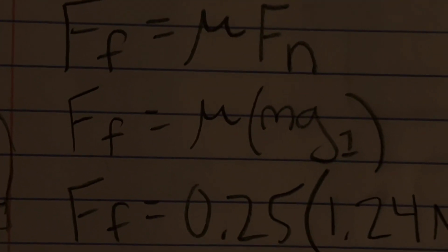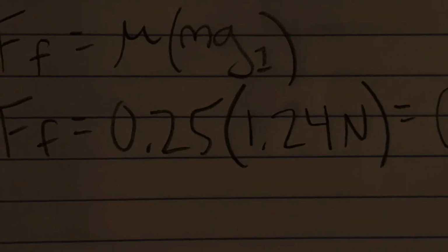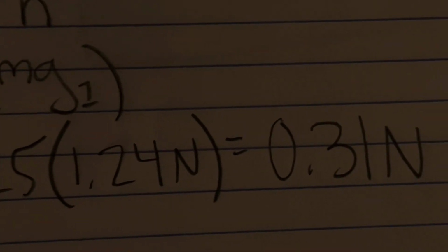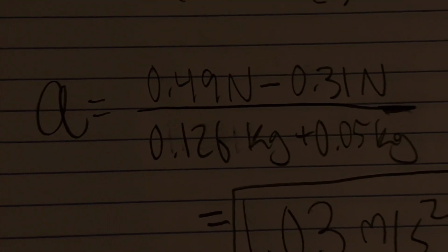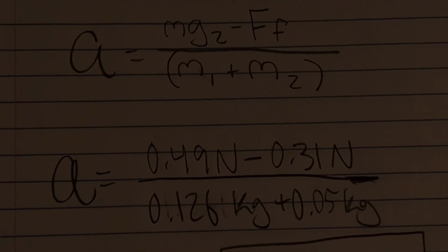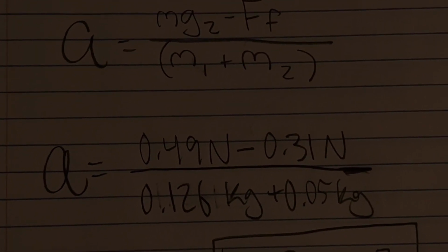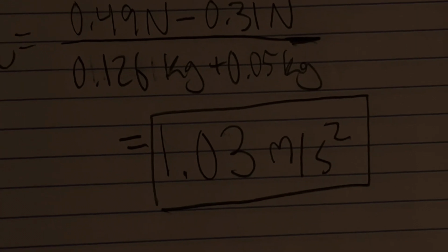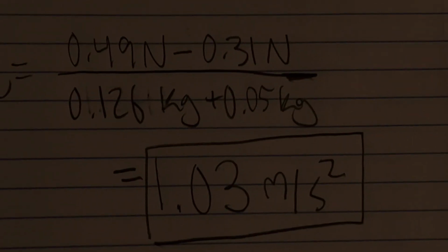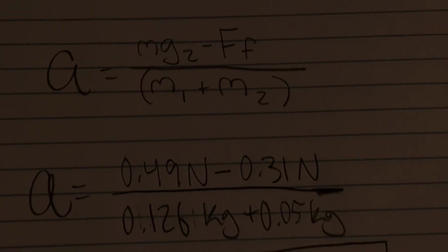So the force of friction is mu times the normal force, and the normal force is equal to the weight of the block. So we multiplied the coefficient of friction by the weight of the block and got 0.31 newtons. And then we plugged all of that into our equation and got 1.03 meters per second squared for the acceleration.